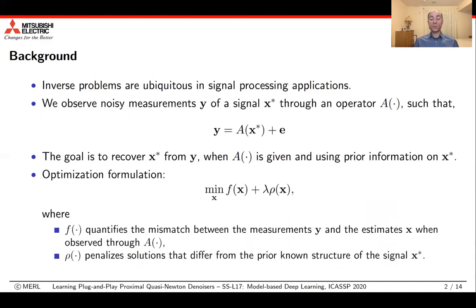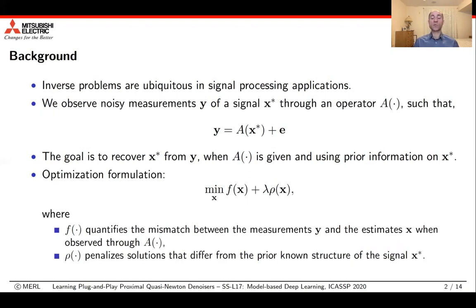Now, one of the most effective approaches for solving such problems has been to set up an optimization problem where we want to minimize over the image x the function f of x plus some regularization parameter lambda times a penalty function rho of x.